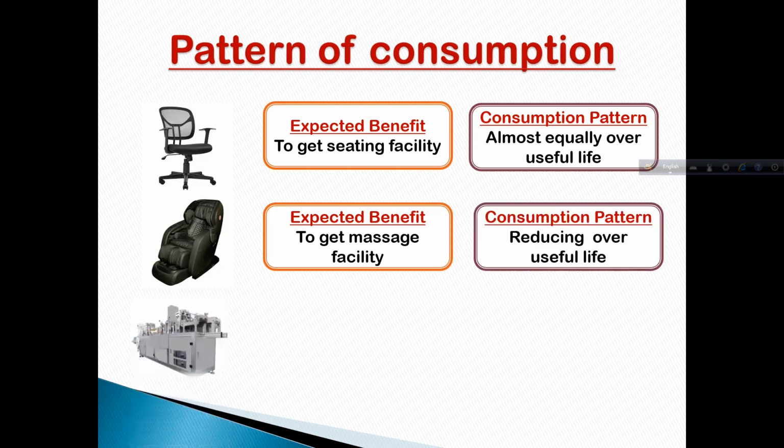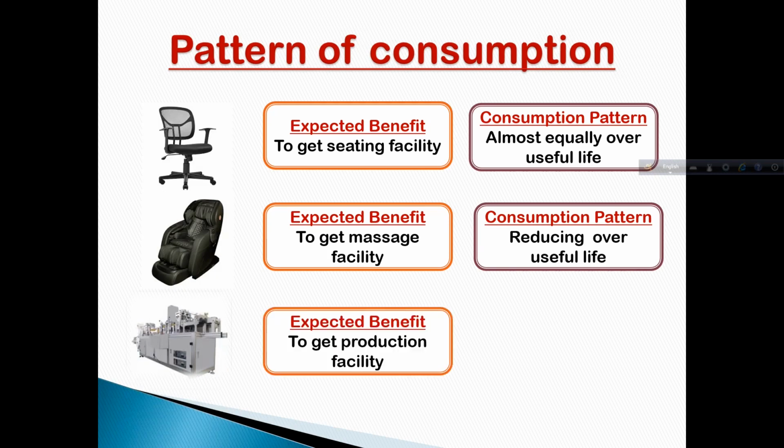Similarly, for example, you have purchased a machine. The purpose of purchasing this machine is to produce masks. The seller has told you that this machine will produce 1 lakh pieces of mask over its useful life. When 1 lakh pieces of mask have been produced, the machine will go down. In year 1, you have produced, for example, 40,000 masks.